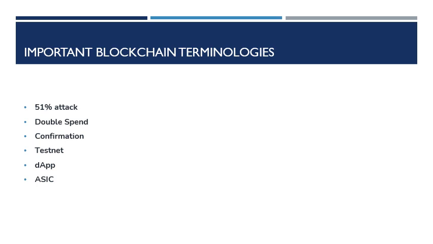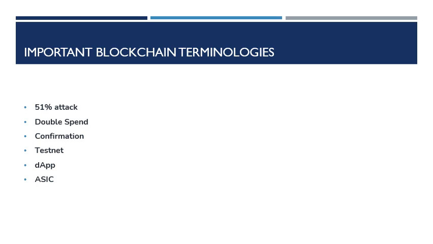Double spend, an act of using the same digital asset twice. It is a common type of attack in blockchain. This type of attack becomes more difficult with increasing members that add the new block to the chain. Confirmation. The confirmation is the act of successfully adding a transaction to the blockchain after verification.